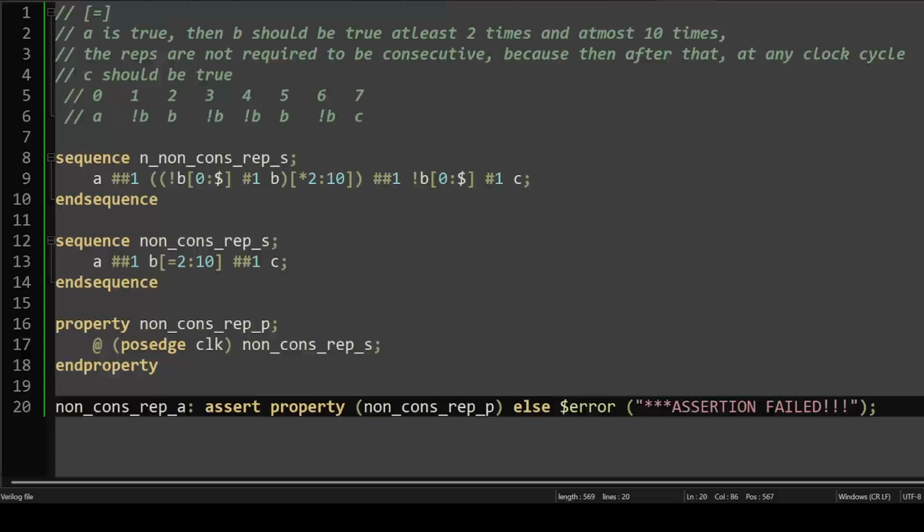So this concludes another type of operator used inside assertions, and SystemVerilog assertion is almost a different type of language inside our language.